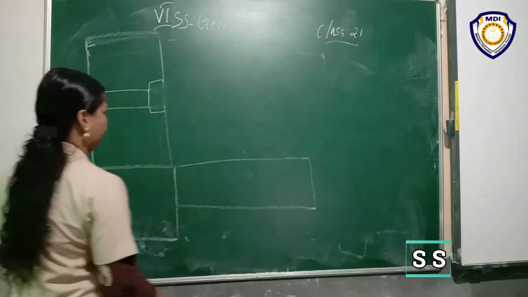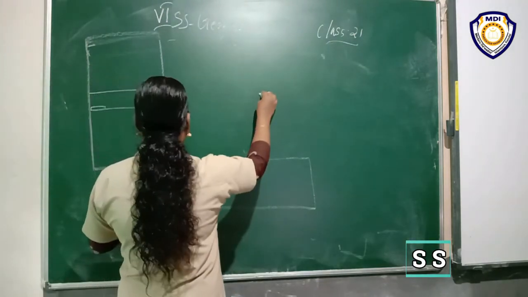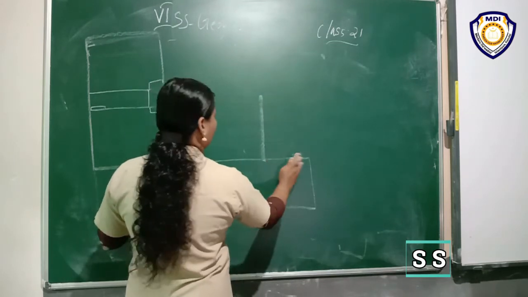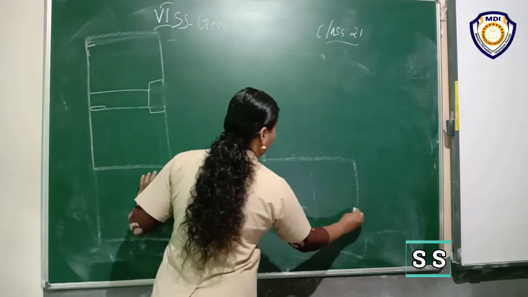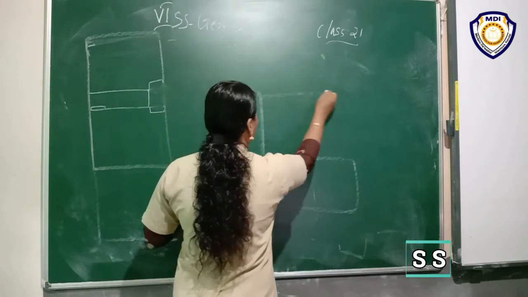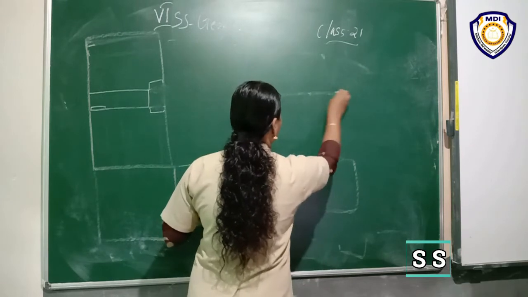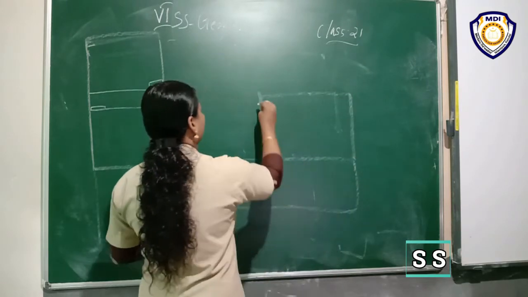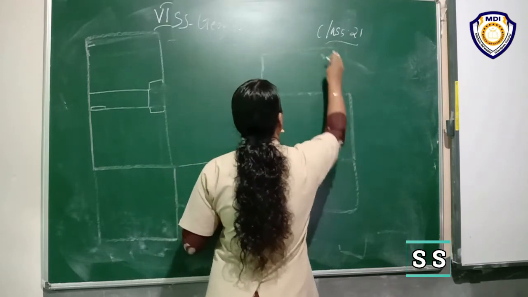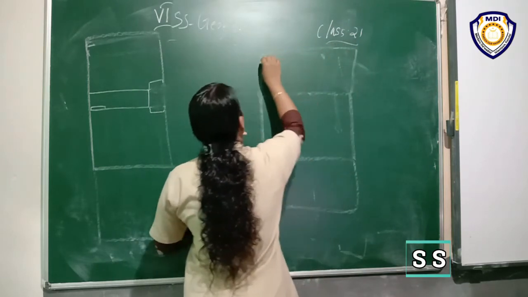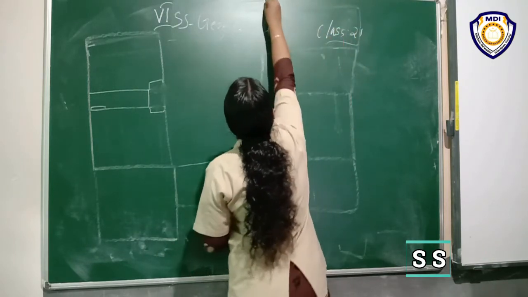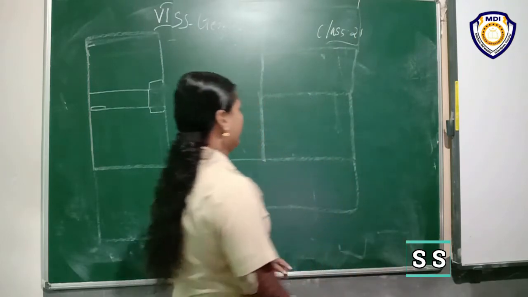Then the right side of this, from here, okay, from here to here another bedroom. From here to here the stair. Then from here to here the kitchen. From here to here the work area.